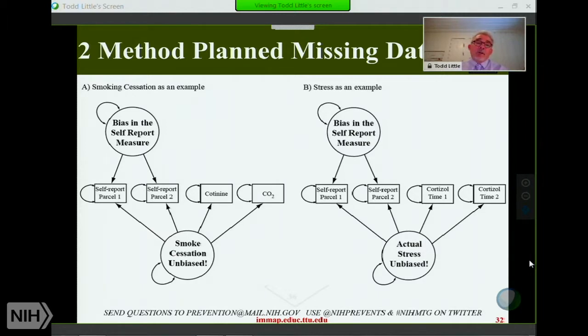I certainly couldn't do a longitudinal model where I'm looking at mediation processes or other mechanisms or any moderators or anything like that because I'm underpowered. But by utilizing the two-method plan missing data design, I can actually get back a sample size that has significant power as well as an unbiased estimate of the key constructs of interest, in this case, smoking cessation or actual stress.